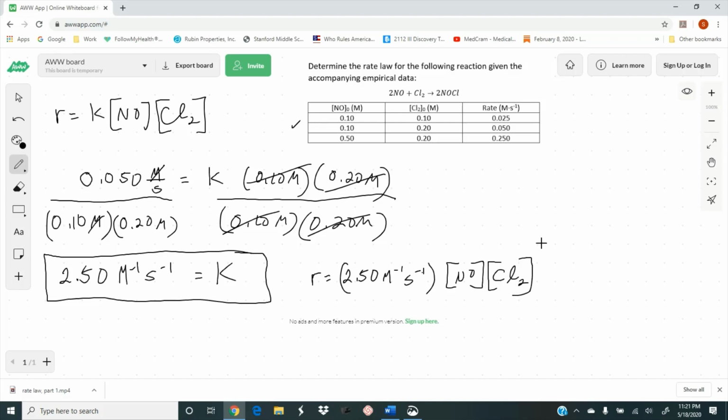And there it is. Okay, so that's the rate law, including the rate constant.